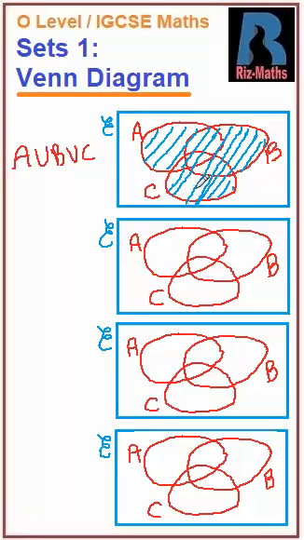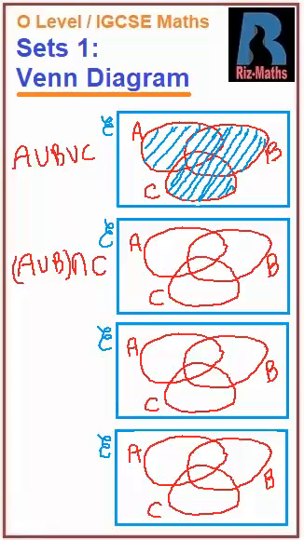Now, if we have the case of (A union B) intersection C, where the whole single set A union B has an intersection with set C. First we will see the bracket part, and then we'll see the set C. The bracket part is A union B, which is the entire set A and B. The common part of this with the set C will be this region.